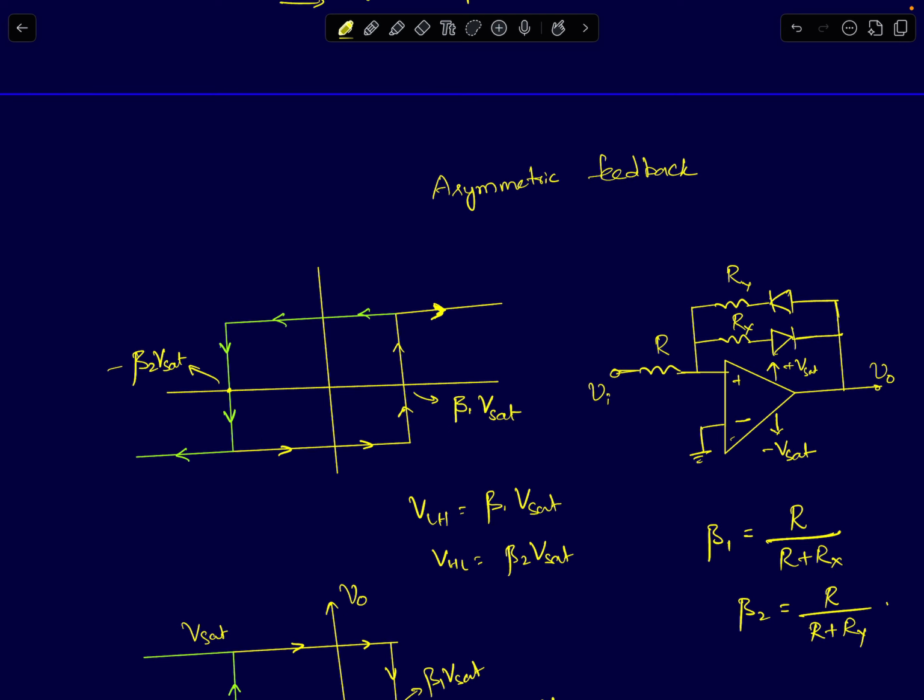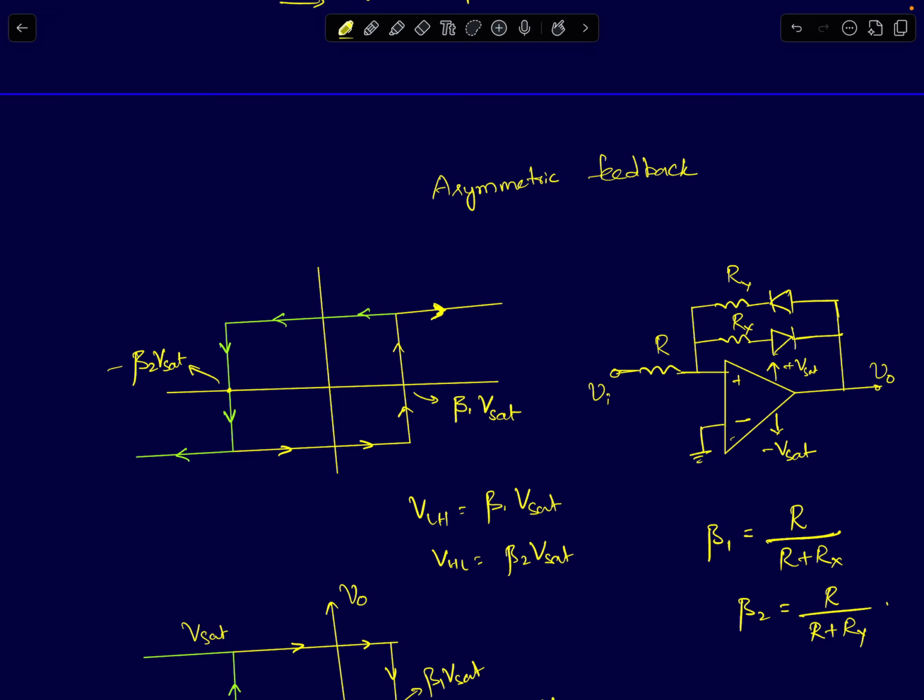I've done the analysis already, so I'll not go into much detail. Shown here is the transfer characteristic of a non-inverting Schmidt trigger with asymmetric threshold voltage. All you have to do is use diodes to make sure that the feedback factor is different for the different output voltages.